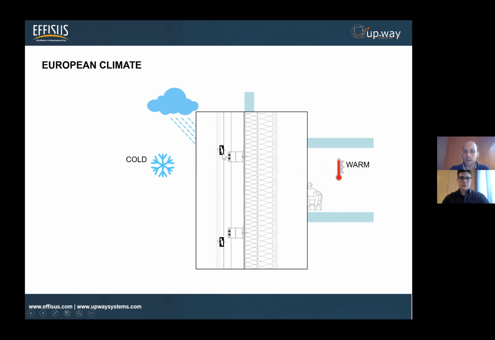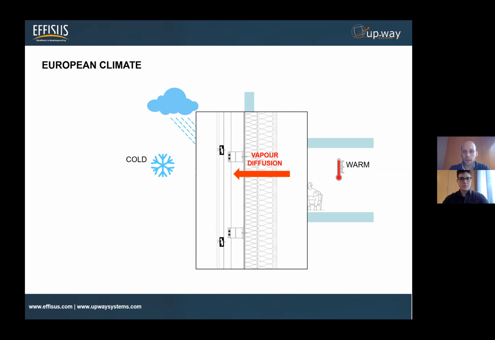Then we have brackets or fixing tools to hang the cladding on the facade, and then sheeting board, the thermal insulation layers that we have normally within an SFS system, and then the plasterboard just finishing on the inside.